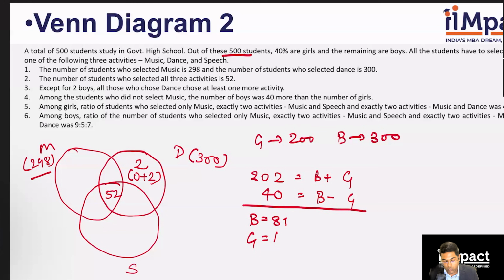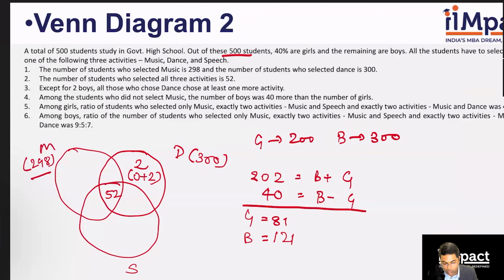Okay. Sorry, so what I was doing here, my bad, I interchanged it. If I'm subtracting, girls will be 81, boys will be 121. Simple.